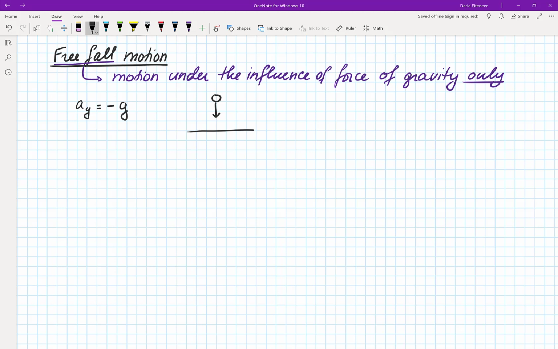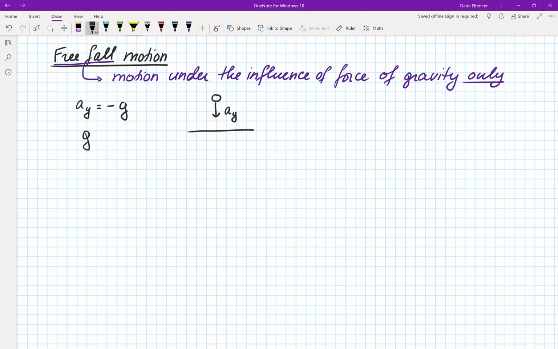Now, everything else that we've done up to now had to do with motion in the x direction. This really isn't any different. So this is one-dimensional motion in the y direction, so up and down movement. That's why I'm calling it acceleration in the y direction. I can even label this as acceleration in the y direction.